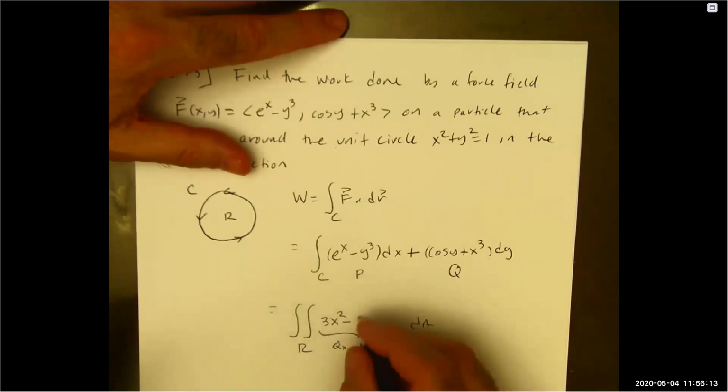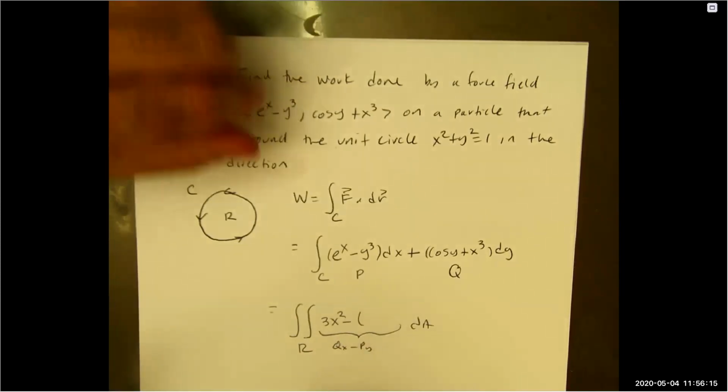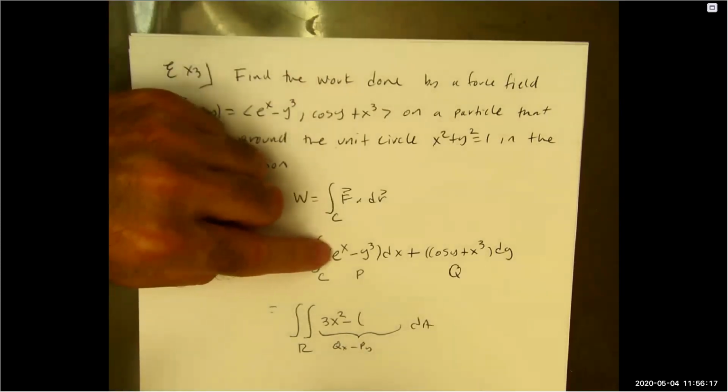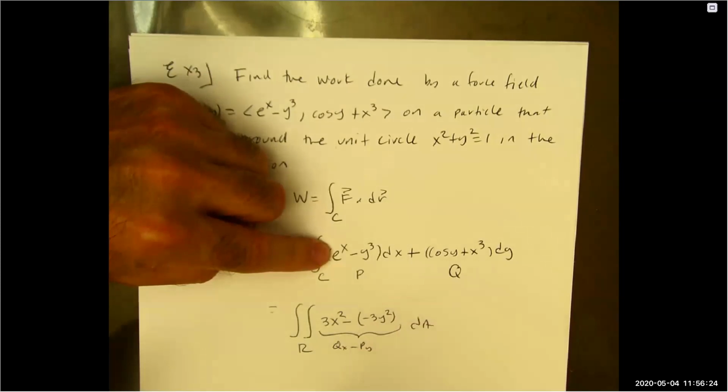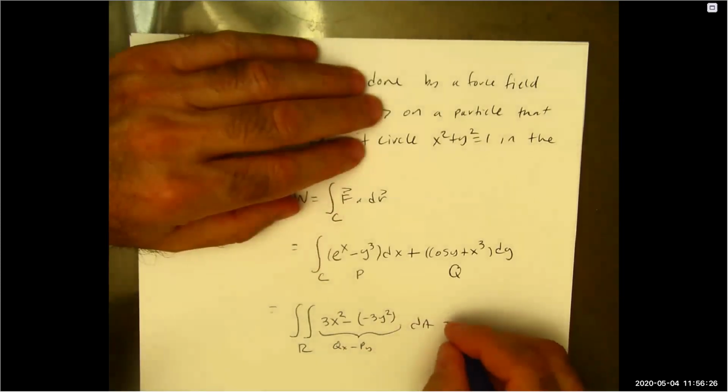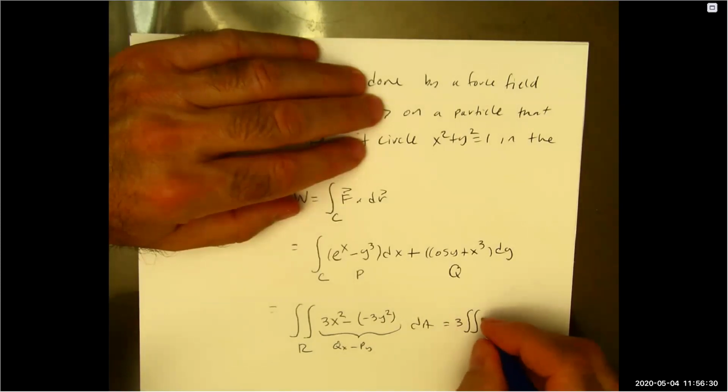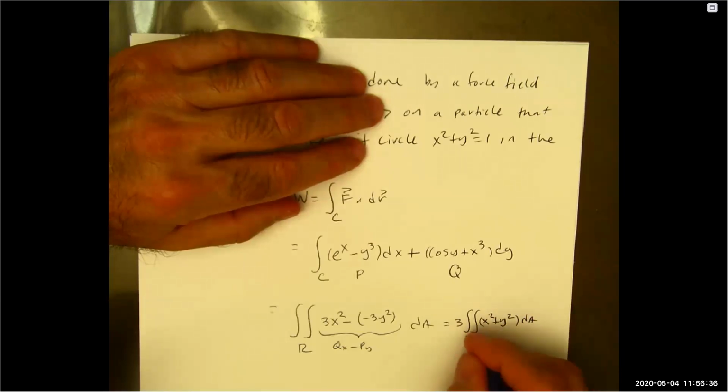And minus P_y, what's P_y? Negative 3y squared. Minus 3y squared. And so this is going to be a double negative. And so it's going to end up being just 3 times the double integral of x squared plus y squared dA over R.